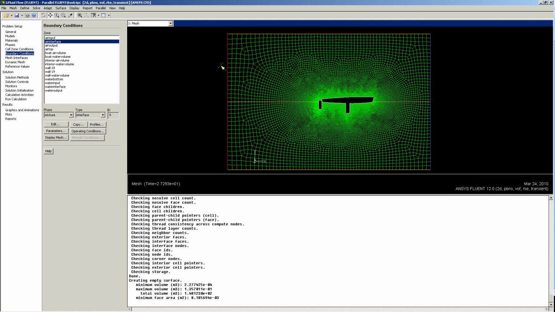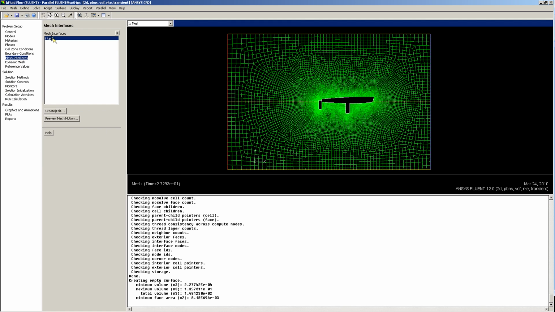The two outlets were set as pressure outlets, and the top of the geometry and the bottom of the geometry here were set as planes of symmetry, and then the two interfaces were set as interfaces. The interfaces were then defined.